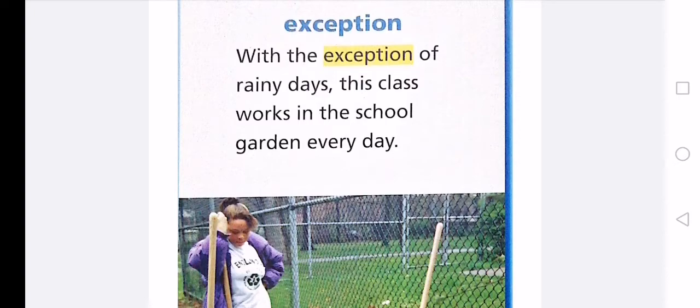Another word for exception would be when you are constantly doing something and then one day you stop, you're making the exception, right? Because you stop doing something. But in this case, the students do it all the time, except when it's raining because they cannot go outside.